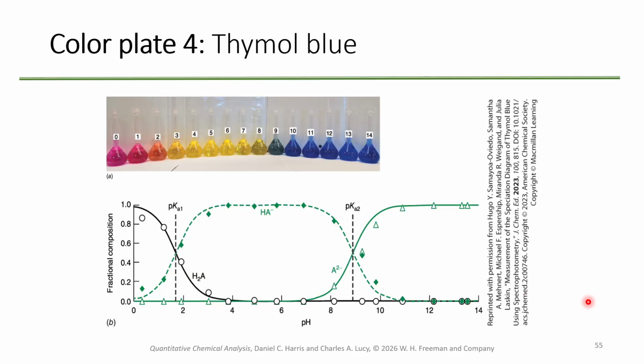This right here is, again, thymol blue in all its different colors. This is where the thymol blue comes from, by the way, the base form. And so red, and see how it goes to the orange color right there around pH 2. And then you get to the yellow, and it starts going to like a greenish color around pH 8, right?